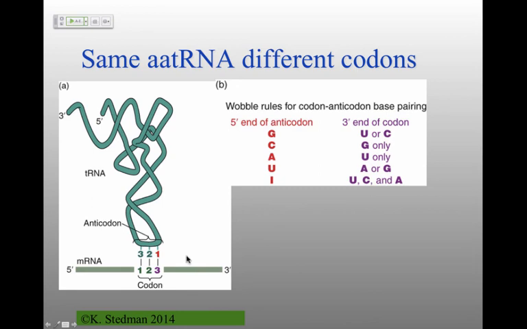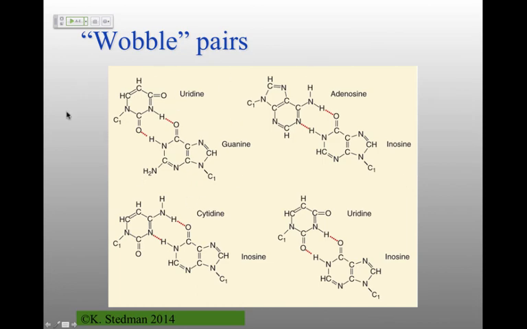It turns out that at the first position in the anticodon, G normally, of course, is going to base pair with C, but it can also base pair with U. C's always G's, A's always U's, and U's A's or G's. What do these base pairs look like? These are the Wobble pairs.